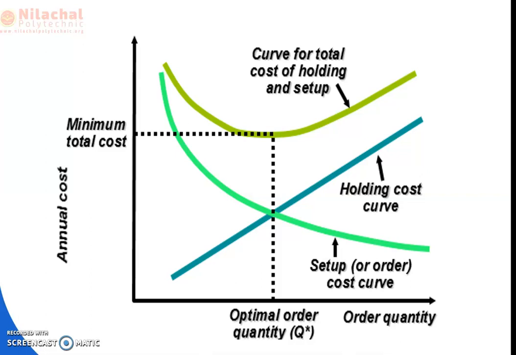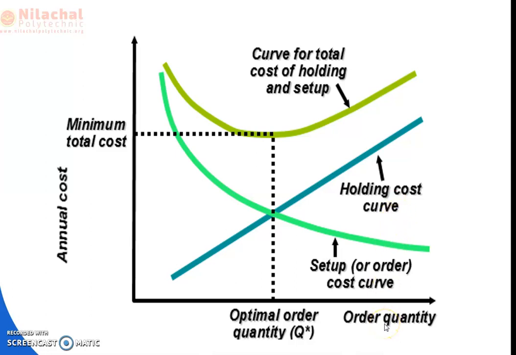We have two types of cost. One is the inventory carrying cost, and the other is the purchasing cost or inventory procurement cost. The holding cost or carrying cost depends upon the quantity to be ordered.